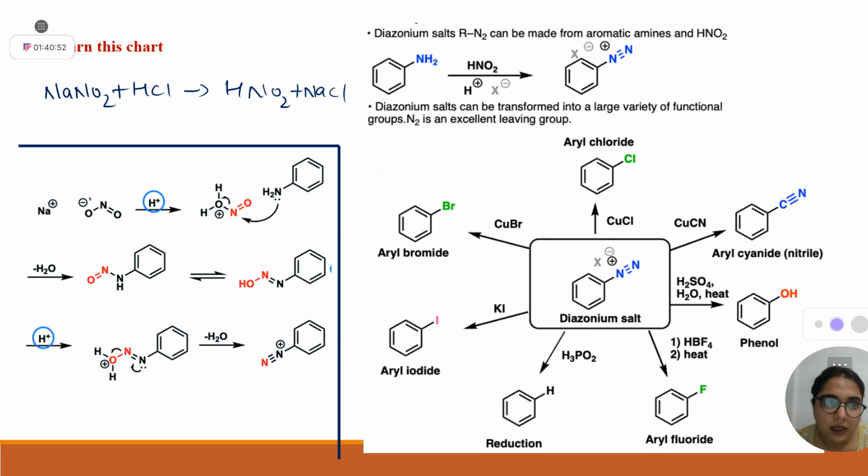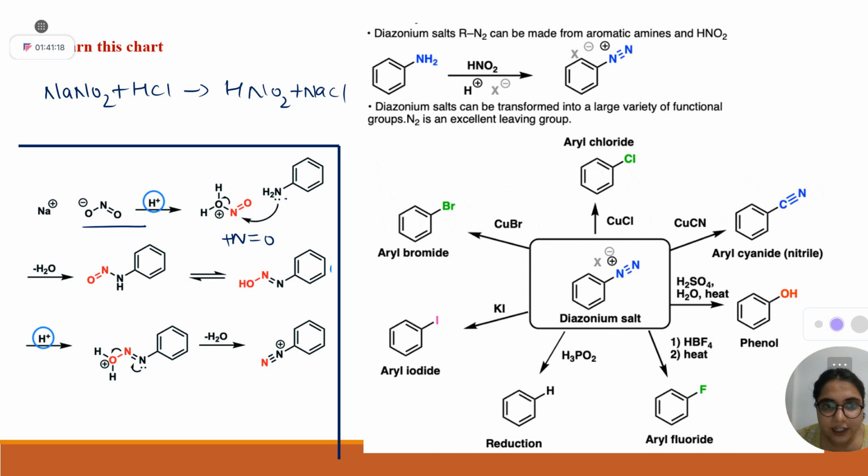So you can write your HNO2 in this form. Now you know HCl is also there, acidic medium is there, so it will protonate it. Now it will leave as an H2O molecule and leave here NO plus, the nitrosonium ion. Understood?